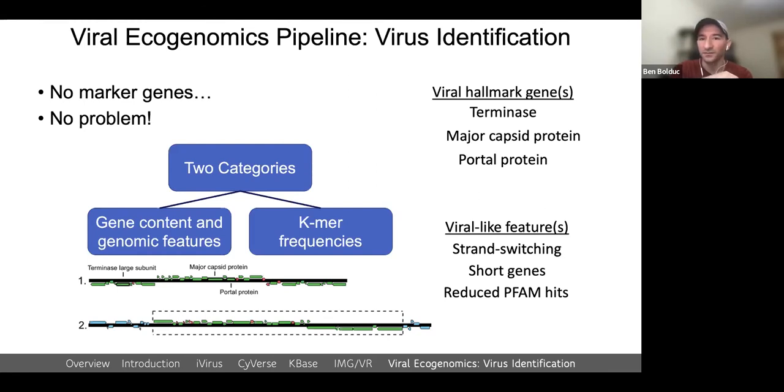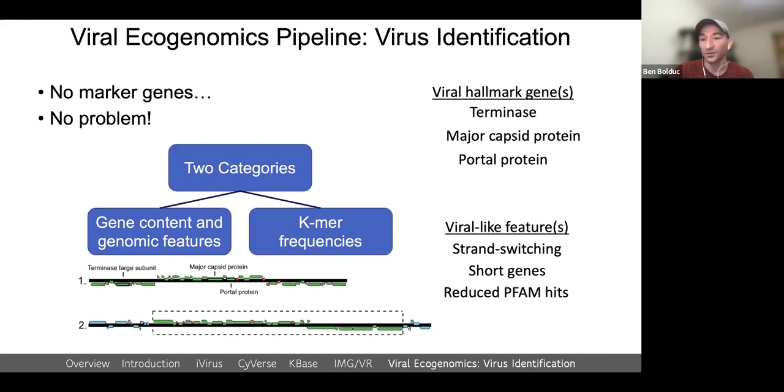And viruses don't always do that. They do it less frequently. Of course, in the virus world, there's always a virus group that's an exception. But broadly, viruses don't strand switch as much.